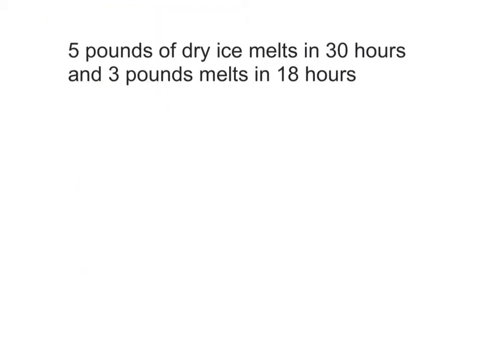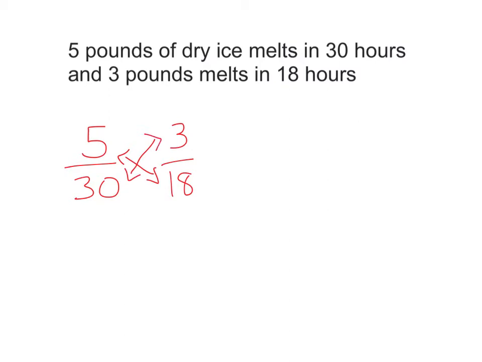If I'm asked to find if this statement would be proportional, 5 pounds of dry ice melts in 30 hours and 3 pounds melts in 18 hours. Okay, so the first thing I do is write it down, and now I'm going to find my cross products here. So mental math, I know 30 times 3 is 90.